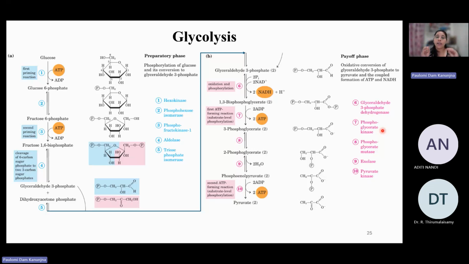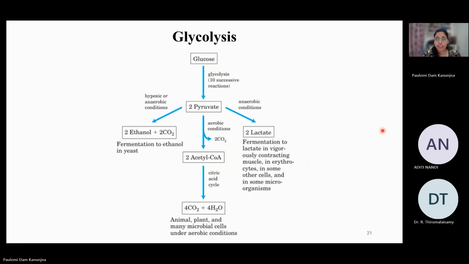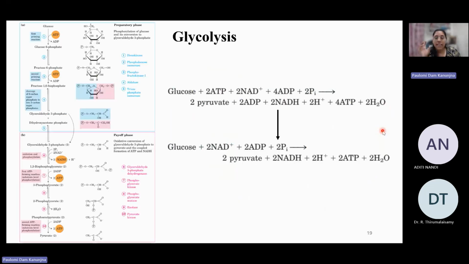And most importantly, how many ATPs and how many NADH are used and produced. That equation that we did, this you should remember. The more you read, the more grasp on glycolysis should come to you.